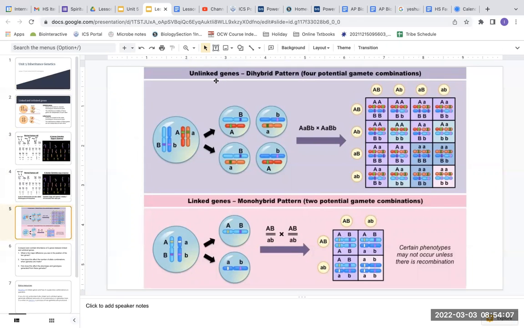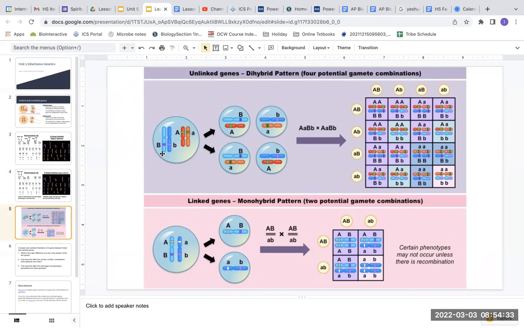With unlinked genes, because the genes lie on two different pairs of chromosomes, when they are being inherited, you can get more different combinations from them. So for the gene B, you can get the one on the left-hand side or the one on the right, for the chromosome that has an A gene on it.